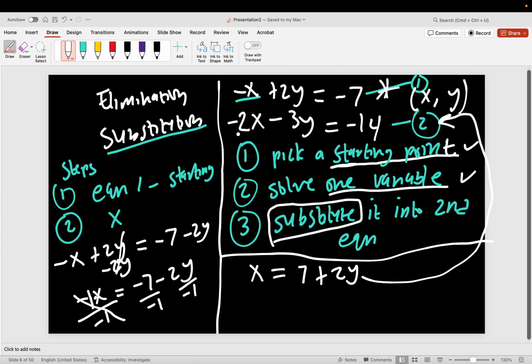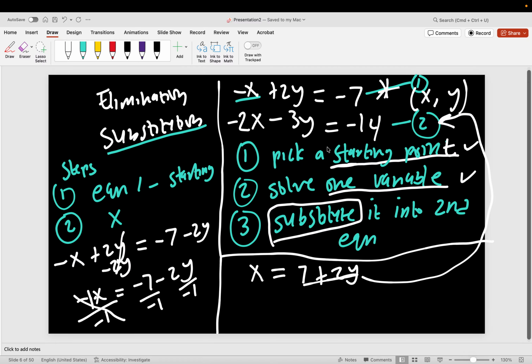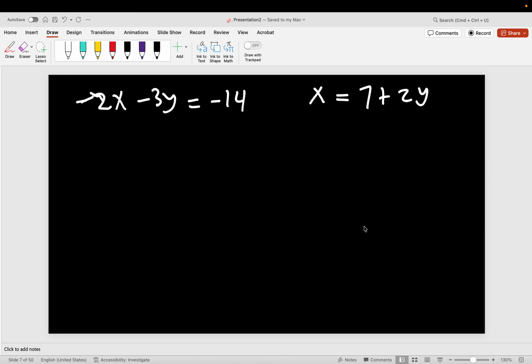So this equation is -2x minus 3y equals -14. Instead of putting x now, I'm going to put this, because this is what my new x is, right? So let me flip to the other side because I'm running out of space here. x is equal to 7 plus 2y, right? And we're in the third part of the steps, which says to substitute it into the other equation.